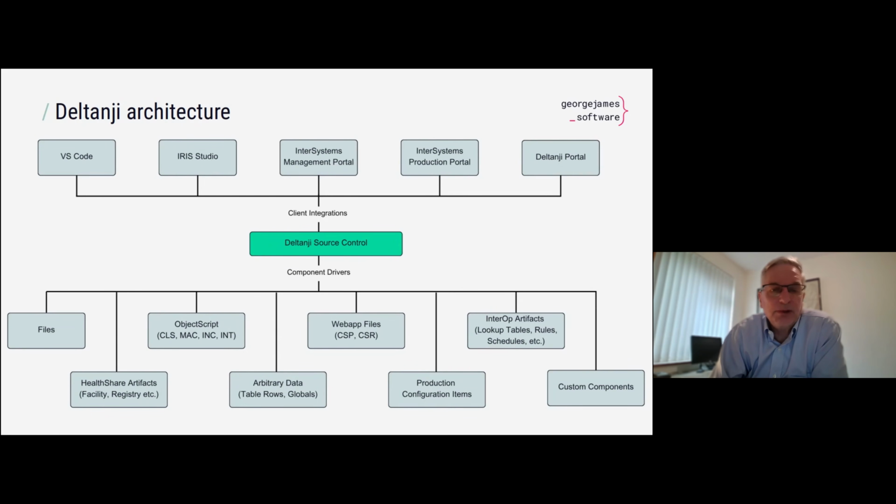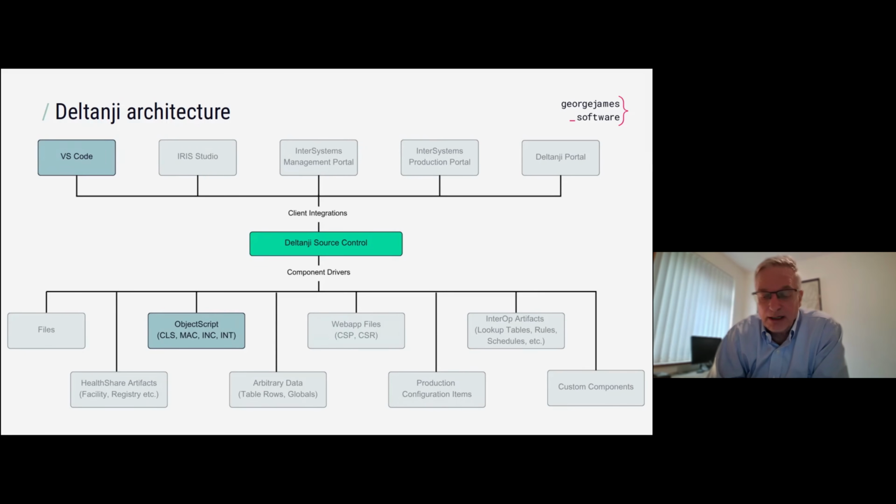During the demo, what I'm going to be showing you is 3 different use cases. I'm going to be showing you VS Code, using VS Code to edit an ObjectScript class. I'm going to be showing you use of the InterSystems production portal to edit some production configuration items.